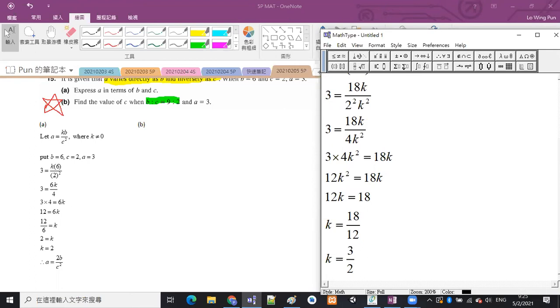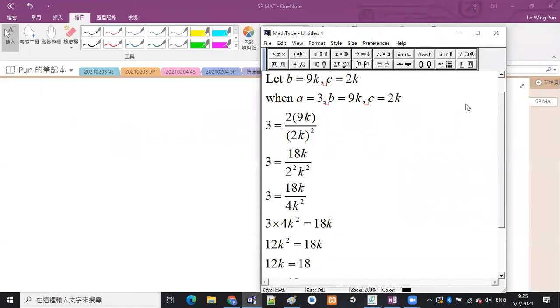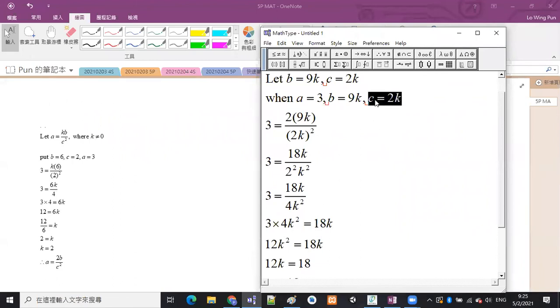Okay, but the question is not asking you to find the value of K. The question is asking you to find the value of C. But we have already let C to be 2K. Can you see this? C is equal to 2K.